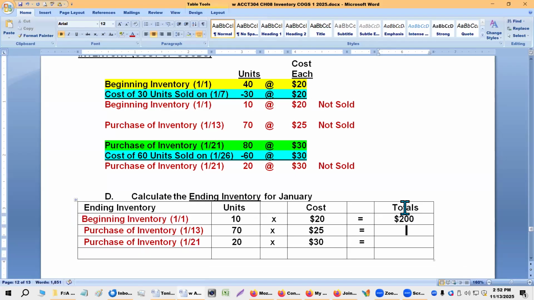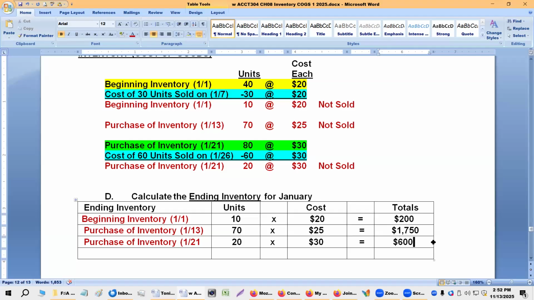Oops. Should be 1750, right? Yeah. Yeah, 600. Oh, got the wrong number there.